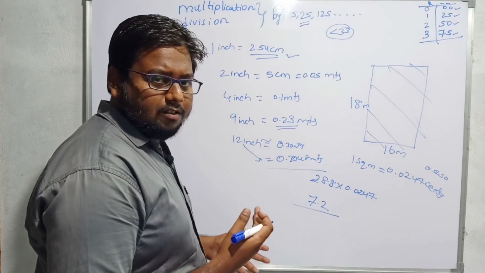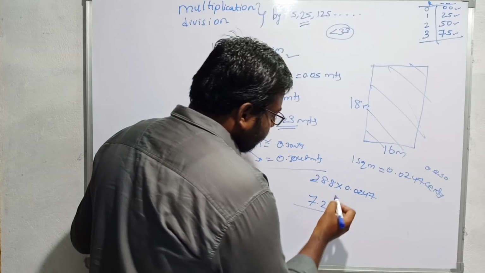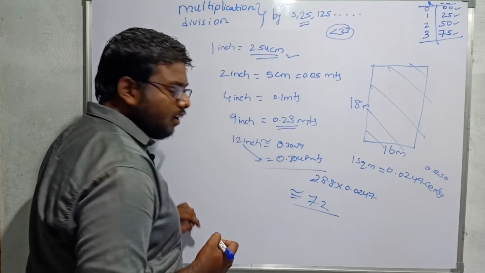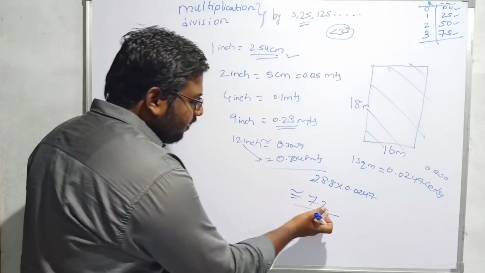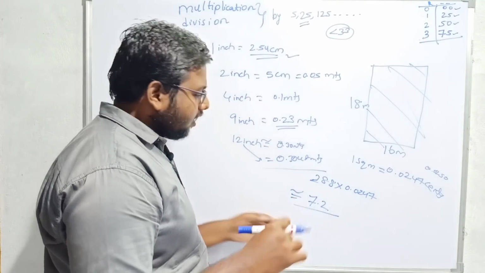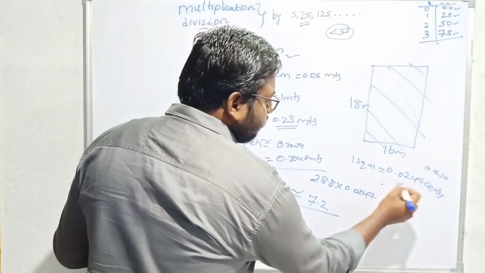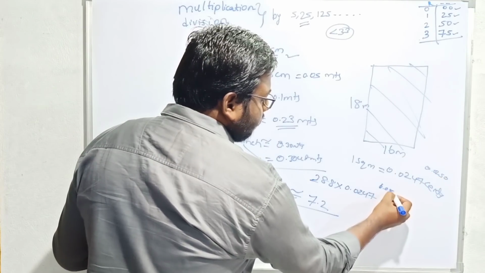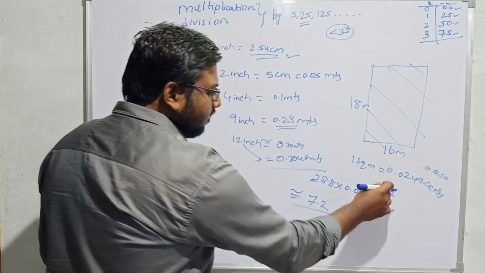And if you want the exact value also, you can calculate. The exact value will be very slightly less than 7.2, because the difference is 0.003, a minute value.